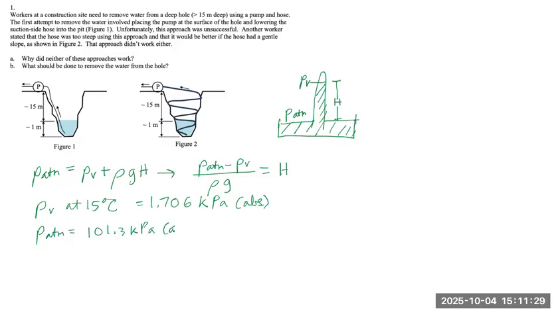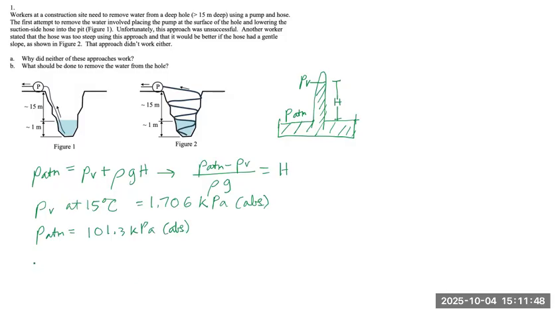And this is absolute pressure, of course, because we're measuring relative to absolute zero. But the gauge pressure of atmospheric pressure will be zero, since gauge is relative to atmospheric pressure, and atmospheric pressure relative to itself is zero.